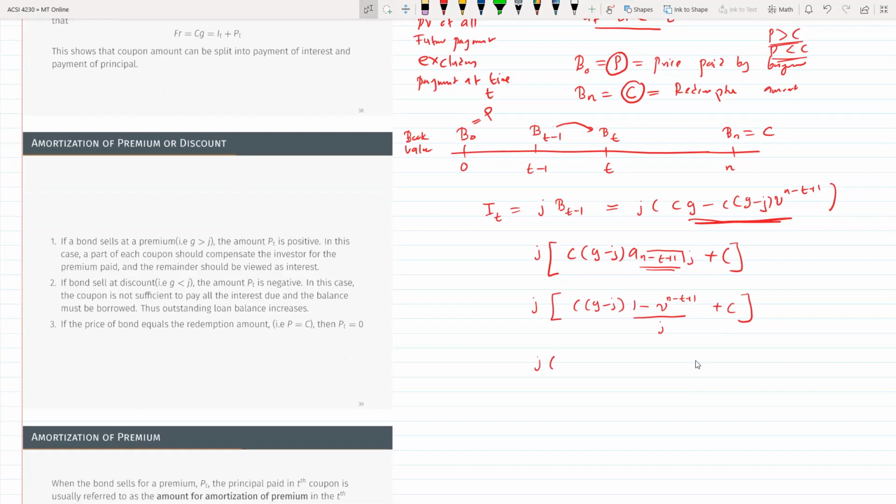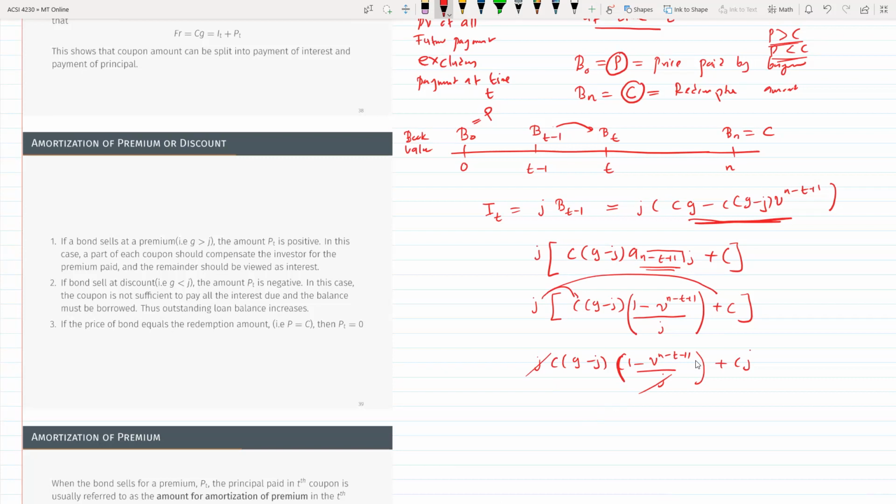If I multiply this one, I will get j times C. I have to put bigger parentheses, because I'm multiplying this entire term, and then this one, C times j. Okay, so this j and this j cancel out.